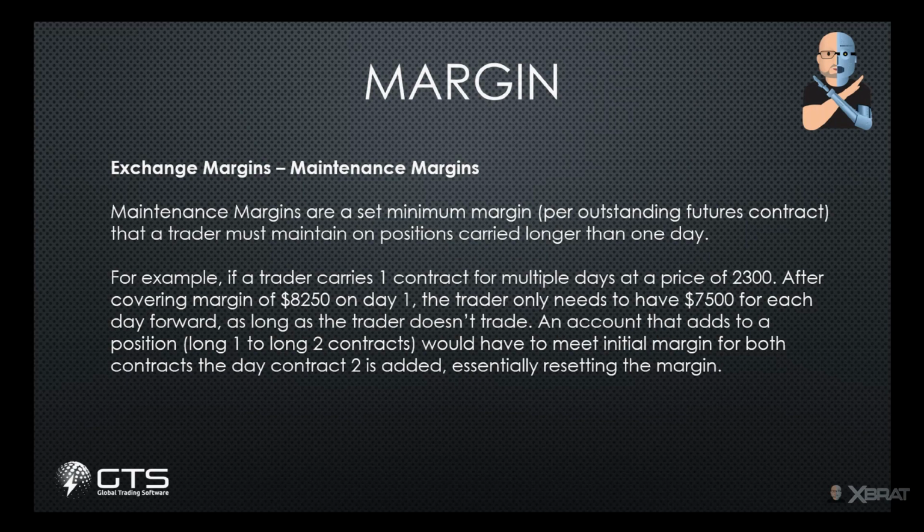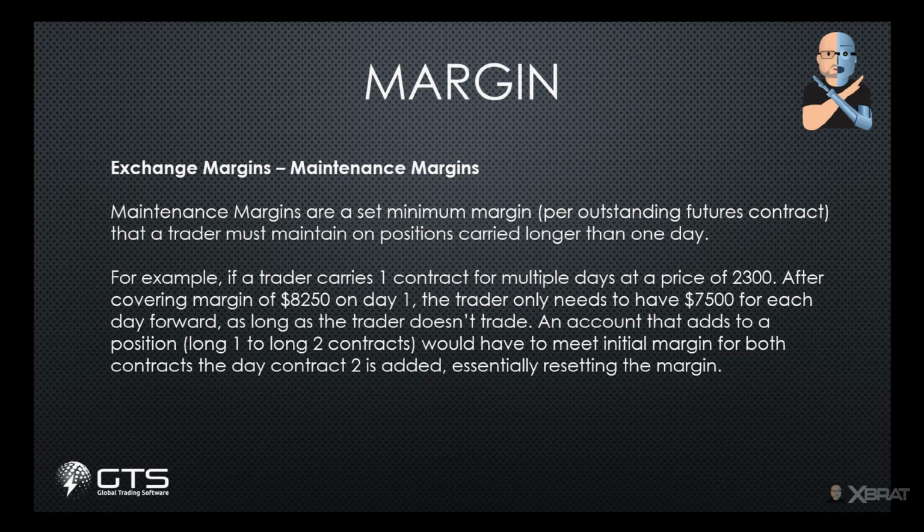With that same contract of oil, remember we needed that initial margin of $8,250 on day 1. If you carry it over another day, you will only need $7,500. So the broker will put aside $7,500 when that's carried over, rather than $8,250 for each day that goes forward, as long as the trader doesn't trade.